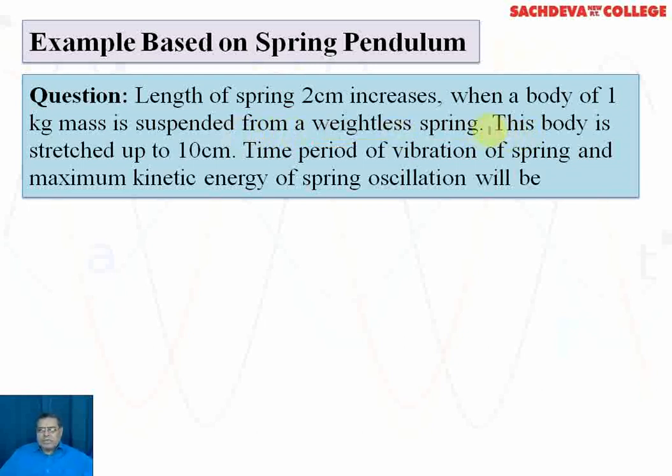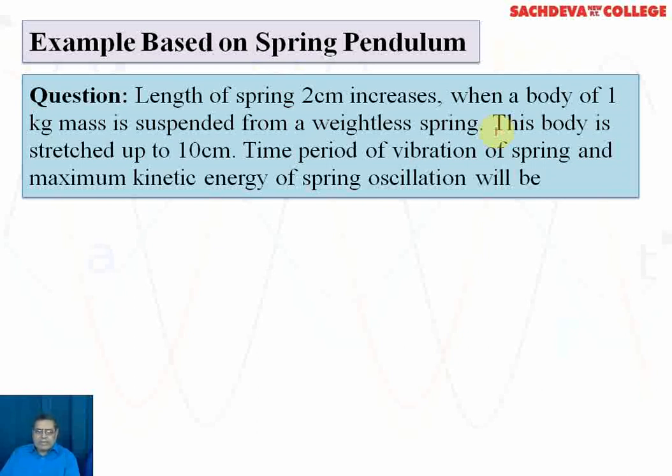However, we know that a spring has weight, but in all our calculations, unless otherwise specified, we assume that we are taking a light inextensible spring. So when we suspend 1 kilogram mass, the length increases by 2 centimeter.